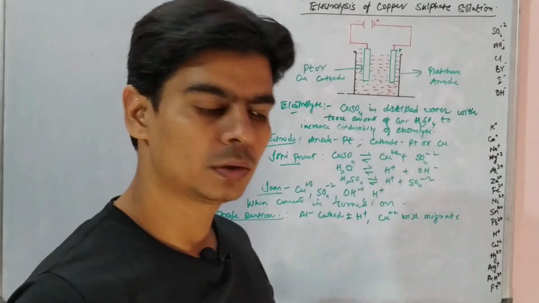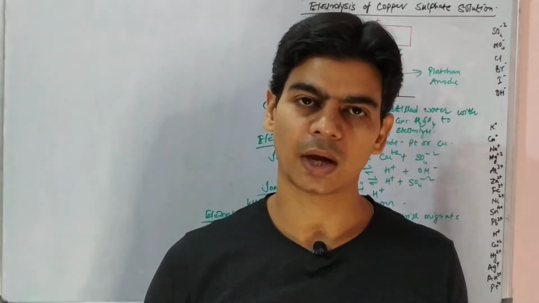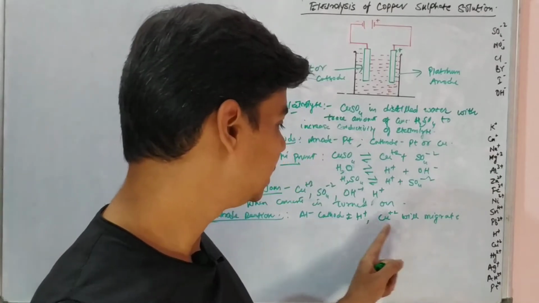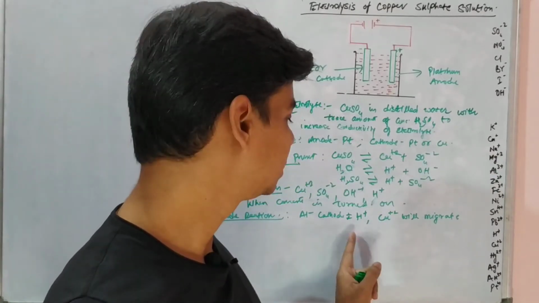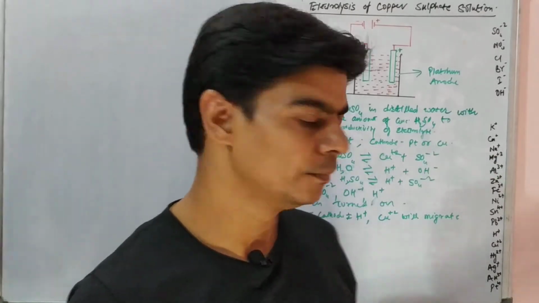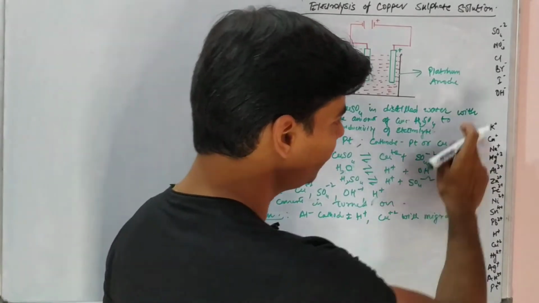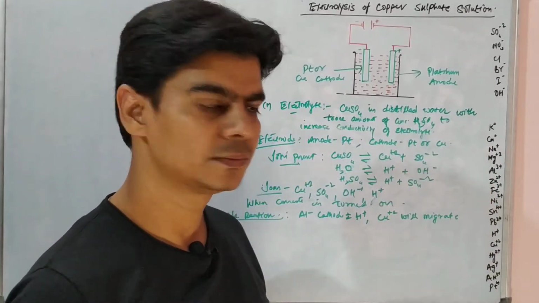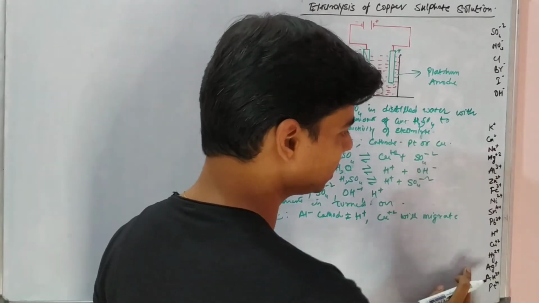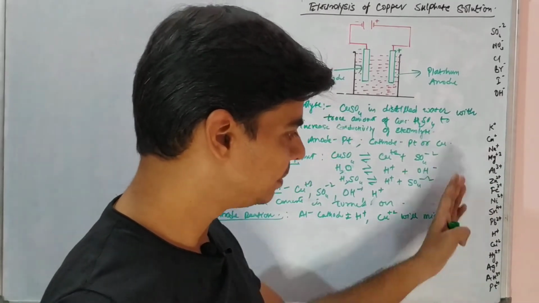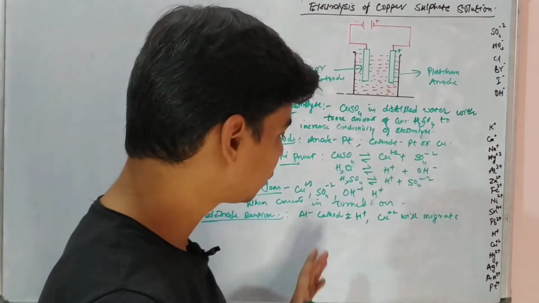Now, based on the selective discharge of ions, which among these two will discharge, that is, which will react at the cathode? We will look at the electrochemical series of metals. Since copper is below hydrogen, copper will discharge.